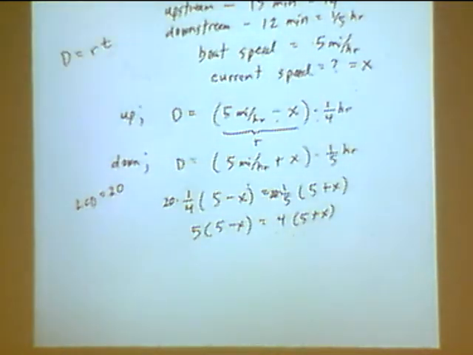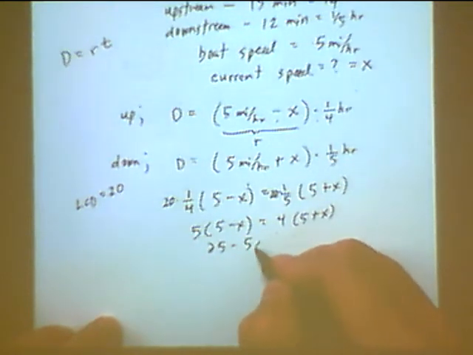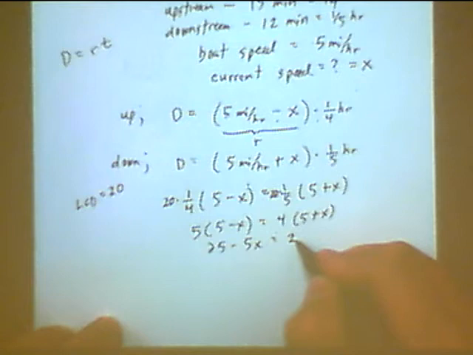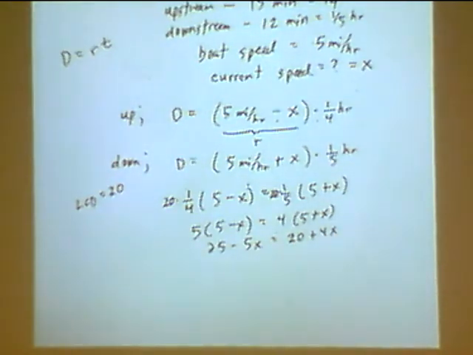Now I'll go ahead and multiply out the parentheses and solve for x. So I have 25 minus 5x equals 20 plus 4x. And now to solve for x, I'll add 5x to both sides and then subtract 20 from both sides.